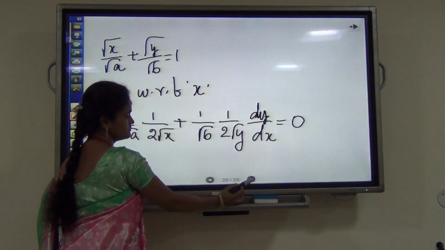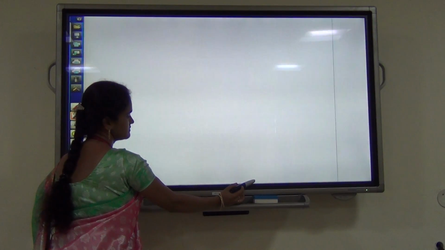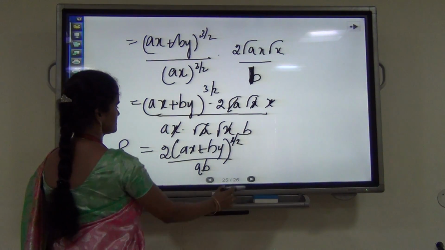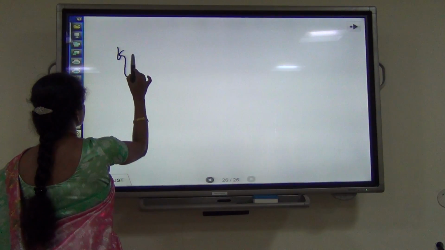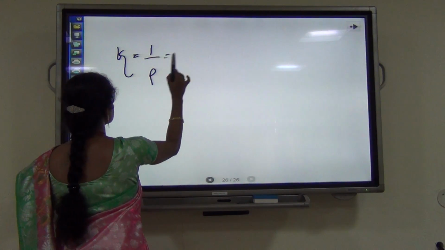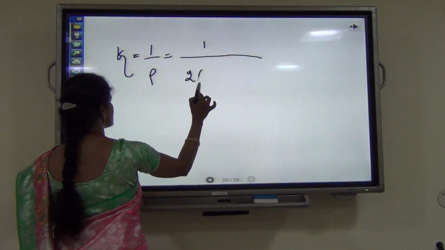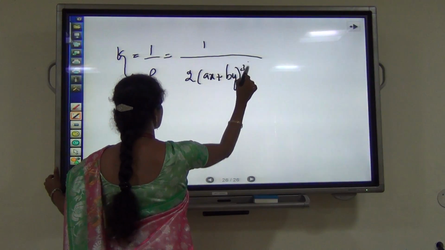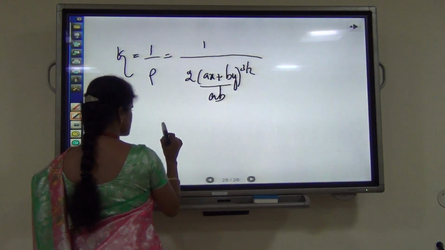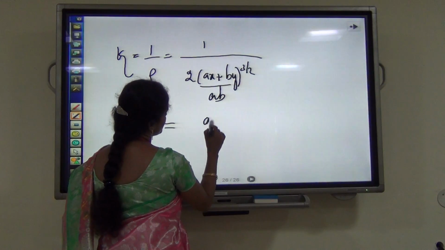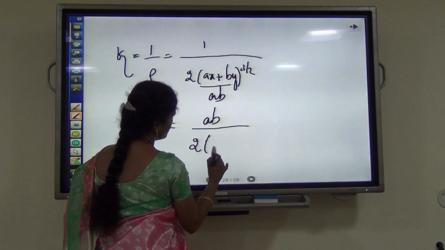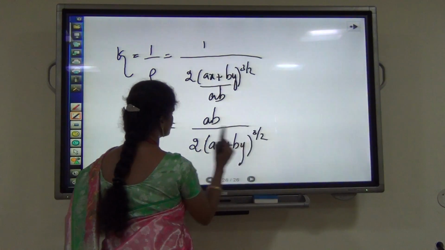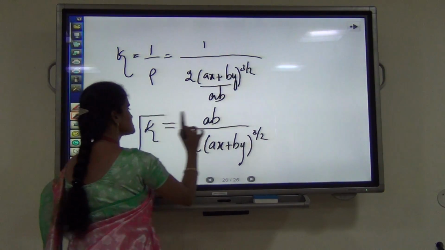Therefore, if this is the radius of curvature, the measure of curvature kappa is 1 by rho, so it is 1 by 2 times of ax plus by to the power 3 by 2 by ab, which is equal to ab by 2 times of ax plus by to the power 3 by 2. This is what the measure of curvature is.